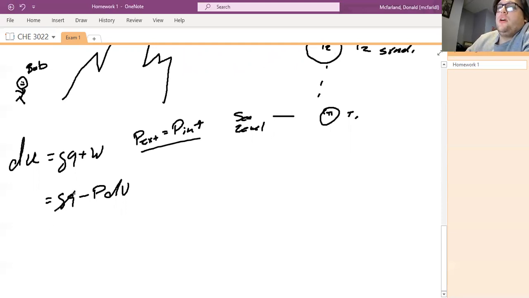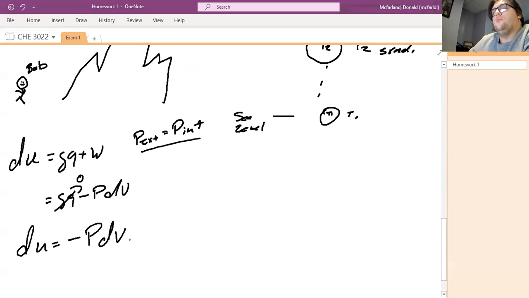Keep in mind, adiabatic, no heat is transferred. That goes to 0, meaning our change in internal energy is equal to negative pressure times the change in volume. Now, notice we do not have any temperature in here.